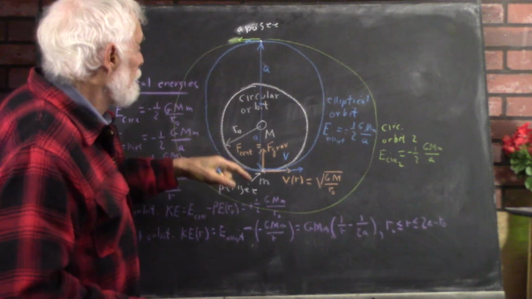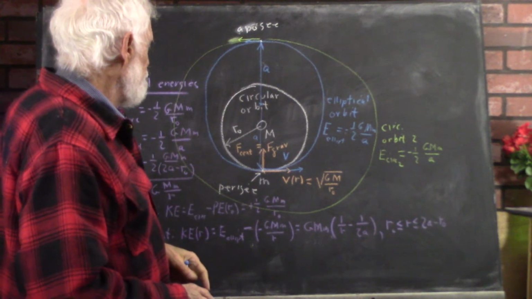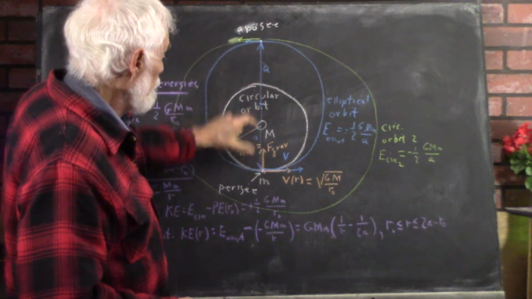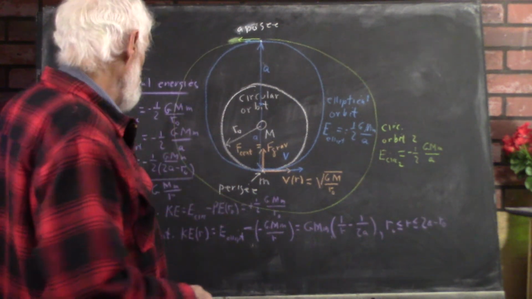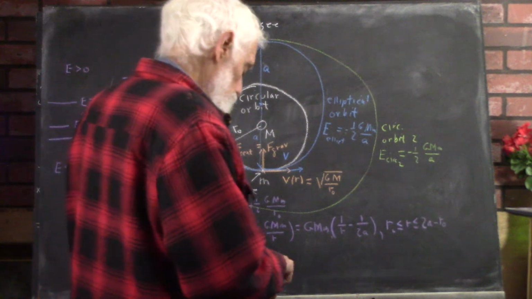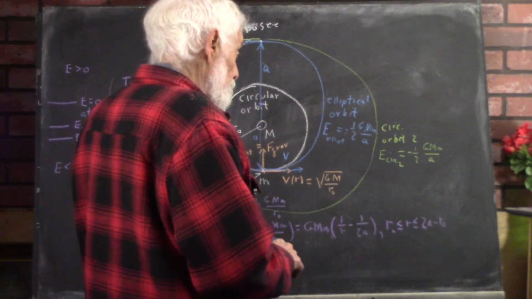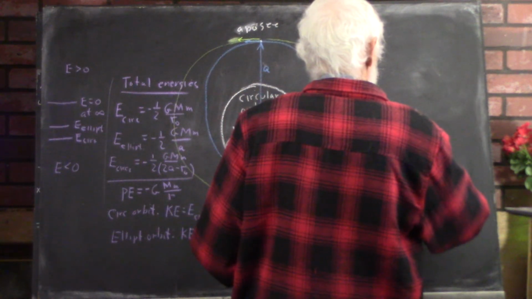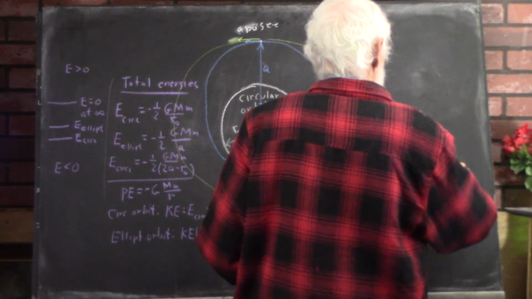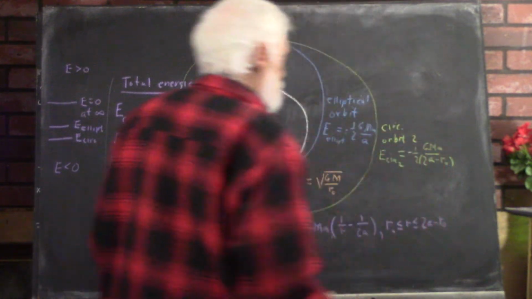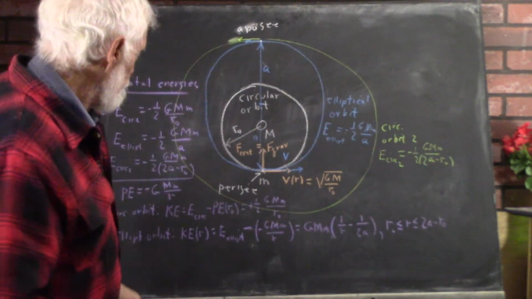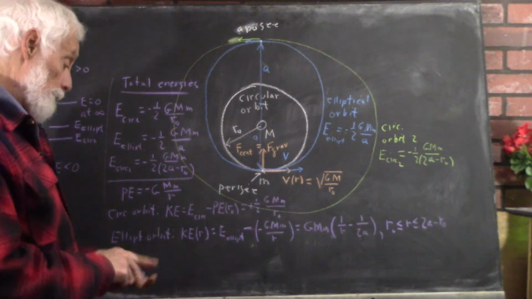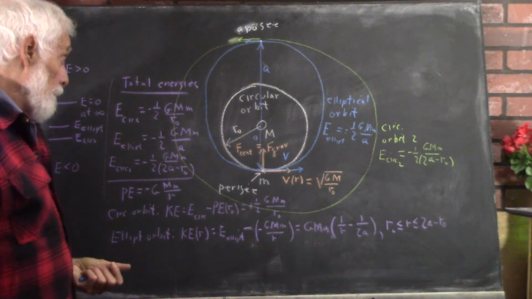The orbit is around the planet. Again, you have distance 2a here, and you subtract distance r naught here. So let me correct this. And that removes the contradiction that came from my mindless expression over here.